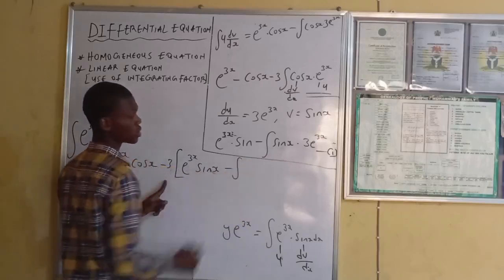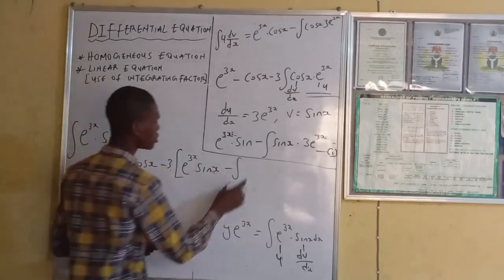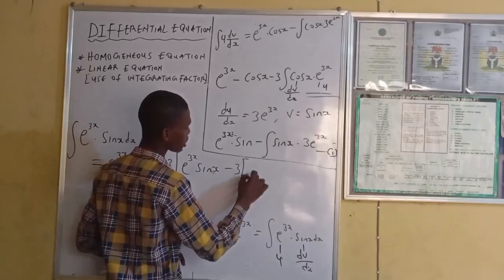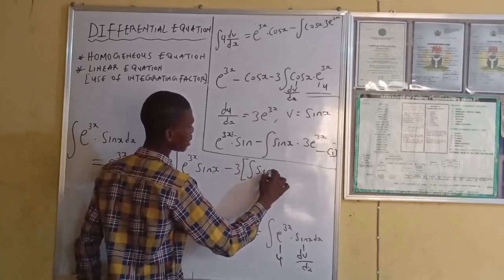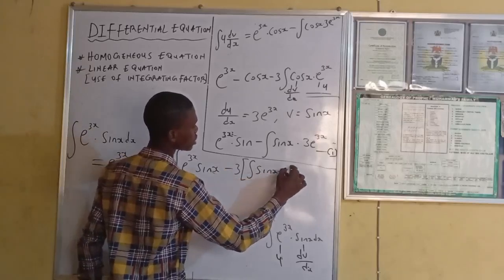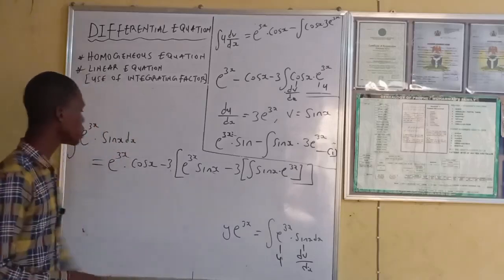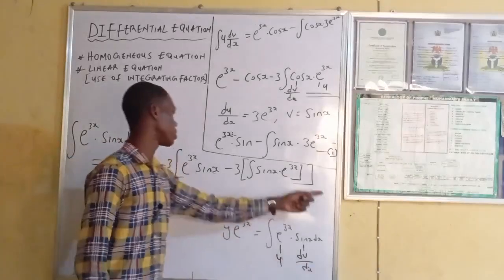Okay, 3 is also constant here. Let's bring out our 3. 3 open bracket integral sine x dot exponential 3x. So when we integrated the right hand side, this is our answer.